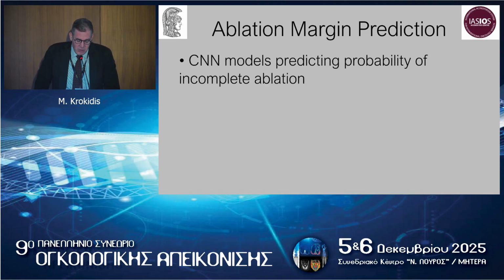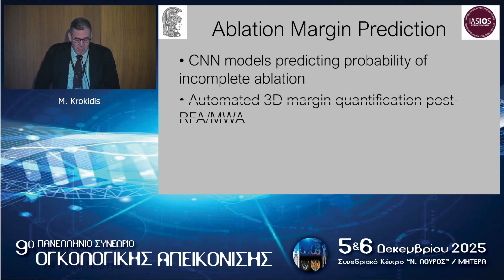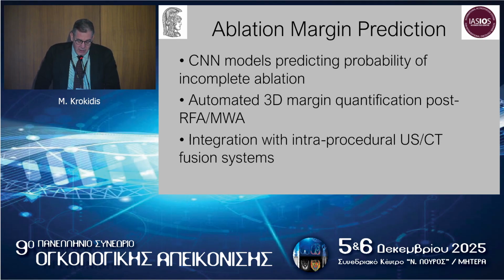And the margin prediction is quite important because we can use a specific convolutional neural network to predict the probability of incomplete ablation, and 3D margin quantification post-ablation, and all this can be integrated in intra-procedural fusion systems.